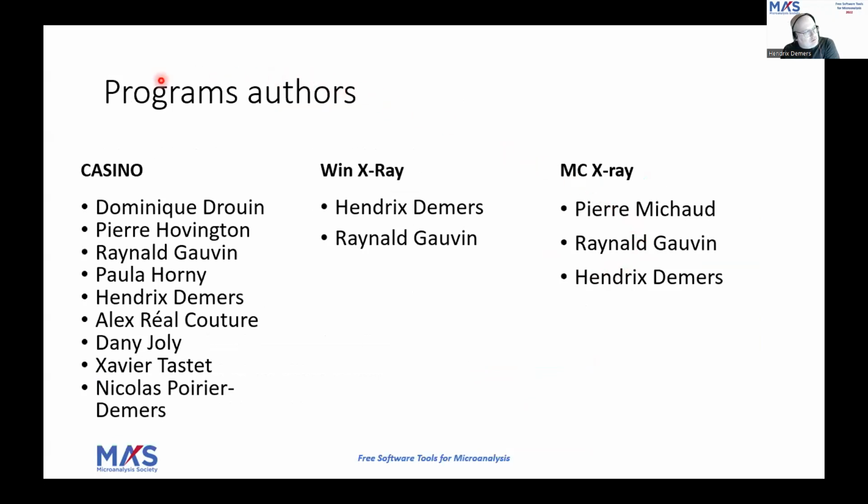Just to see an overview of all the people involved in these programs, with Casino you were starting with Professor Gauvin, Dominique Drouin, and Pierre Hovington, and after that, a couple of students that developed the 3D version and finished with the 3D version. WinXRay was me and Professor Gauvin, and M6 was Pierre Michaud, Professor Gauvin, and me later. I improved the program a little bit.